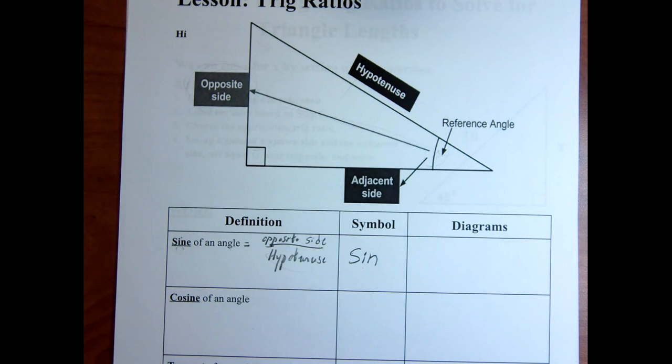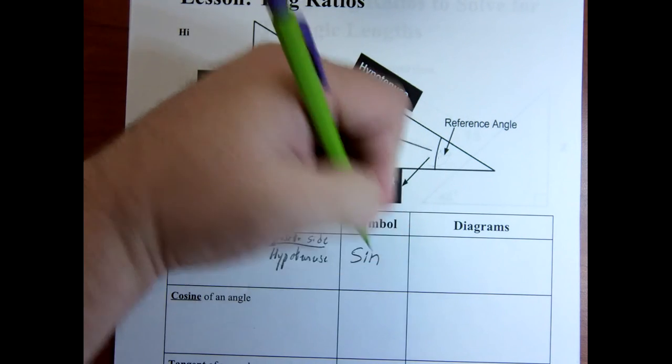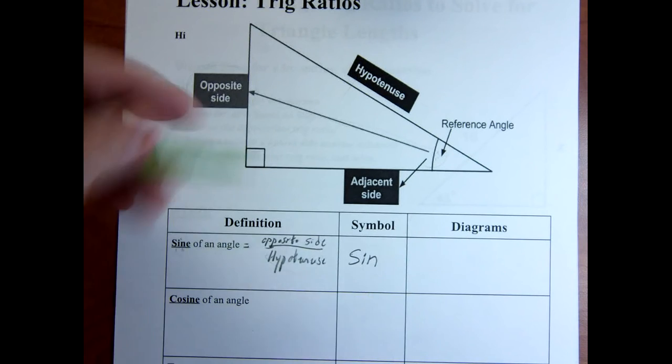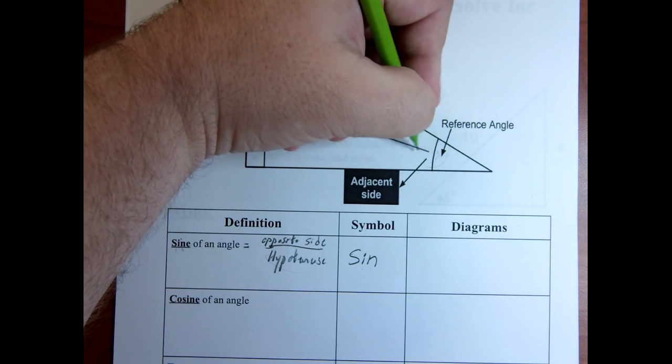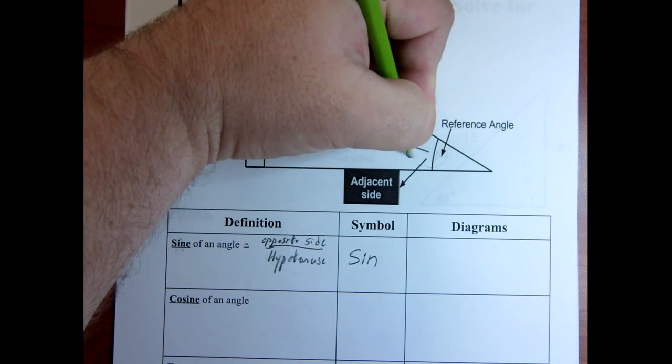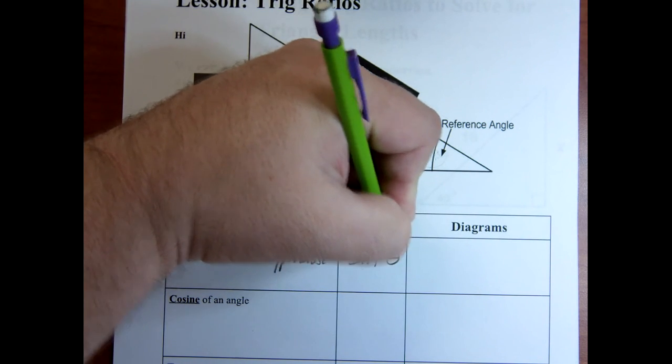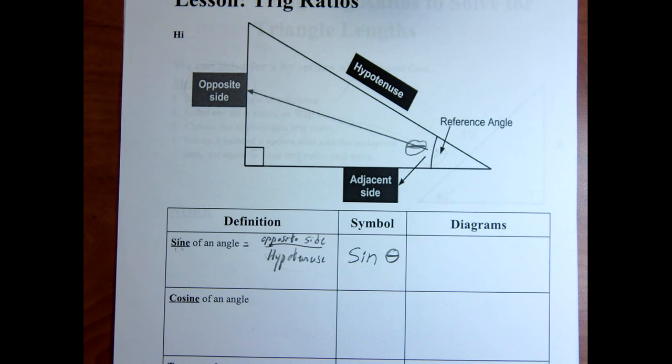And to represent it, we would usually say sine of an angle. Well, the angle, we need to give it some reference name, some variable name. So that variable, I'm going to use theta. So we will say sine of theta. Again, this is to denote a ratio, namely of the side across from that angle divided by its hypotenuse.